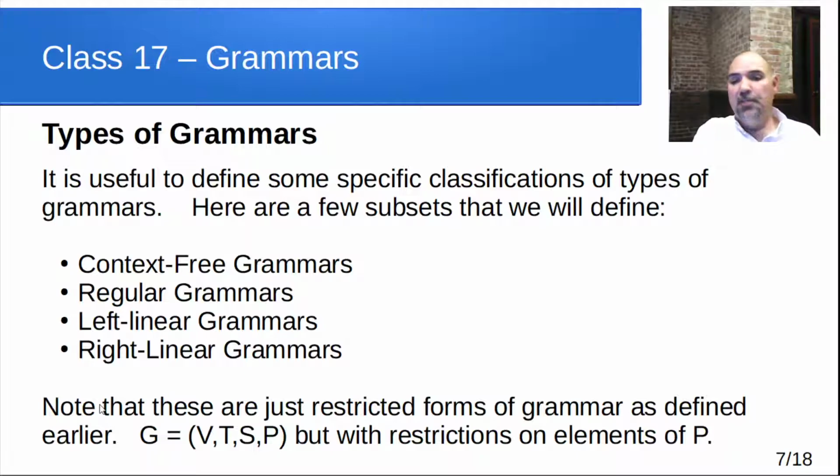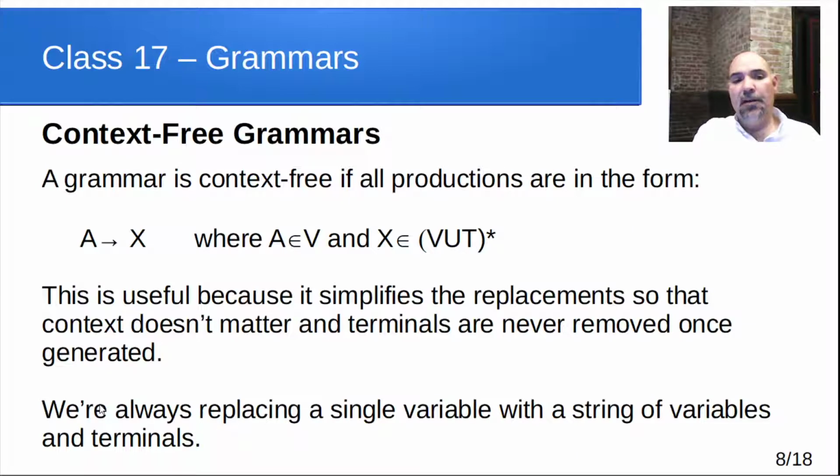All right, so let's look at that. Restrictions on the elements of P. Let's start off with context-free grammars. A grammar is considered context-free if all the productions are in this restricted form where we have A producing X. In this case, A has to be a single variable, and X is in (V union T) star. So notice that the right-hand side is the same as what we had before.